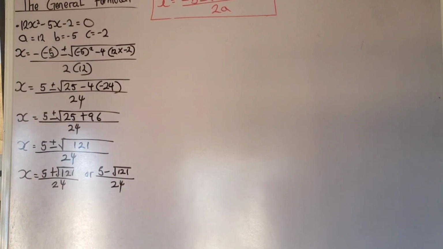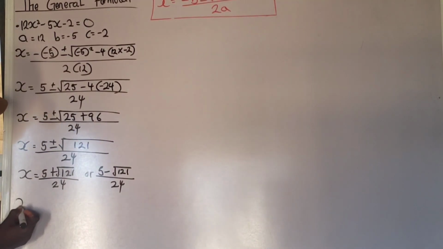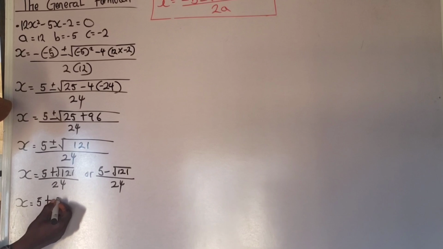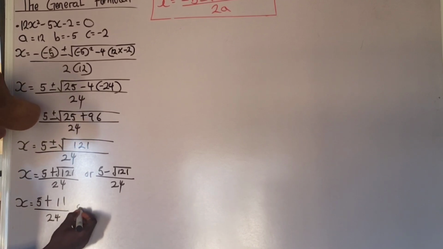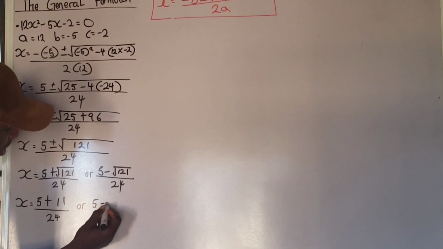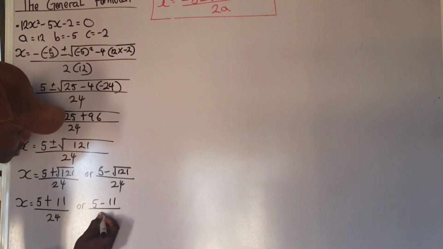Now, what is the square root of 121? The square root of 121 is 11. So x will be equal to 5 plus 11 all over 24, or 5 minus 11 all over 24.